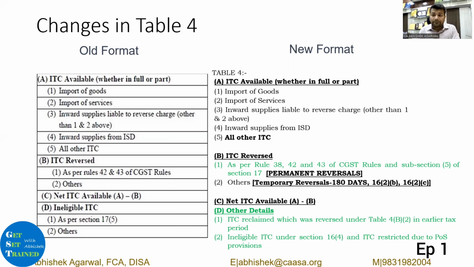Then that has to be separately disclosed in 4D1, right? Second disclosure, if you are taking any ITC ineligible as per section 16 subsection 4, that is, if you're taking a credit post 30 November of the subsequent year, then you are liable to reverse the credit. Then you are liable to disclose the figure in 4D2.